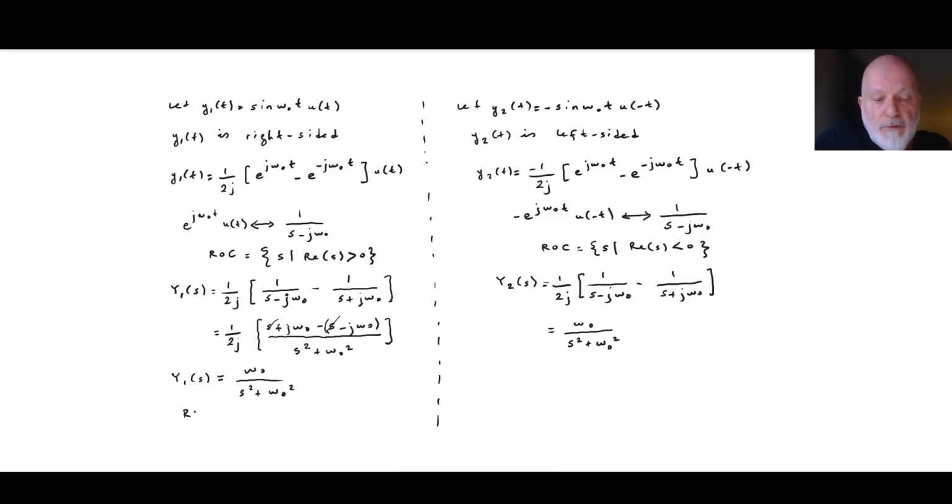So the convergence region for y1 is all those s such that real part of s is positive. And the region of convergence for y2 is all those s such that real part of s is negative. Okay?